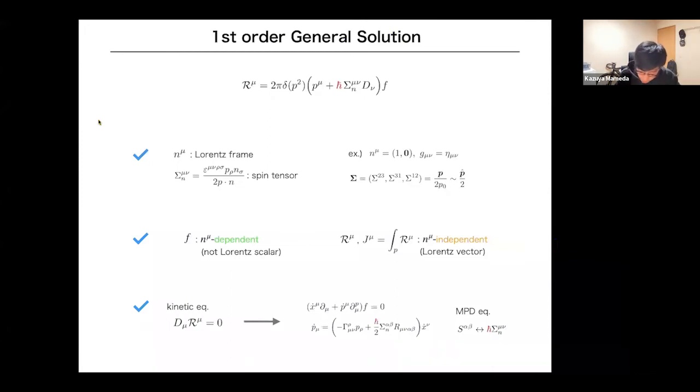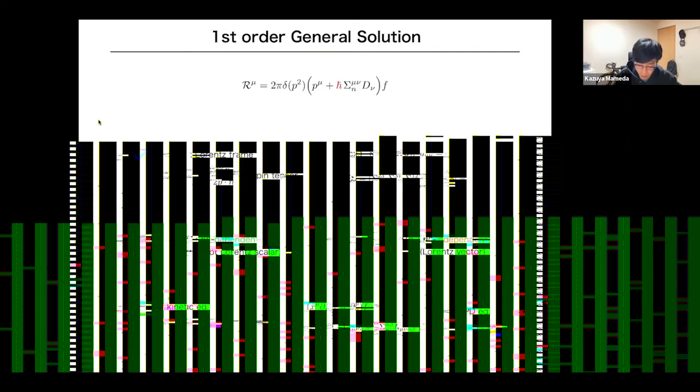And I want to emphasize that this quantity j, or the Wigner function R mu, should be n dependent because they are related physical quantities. So the physical observable should be frame independent.